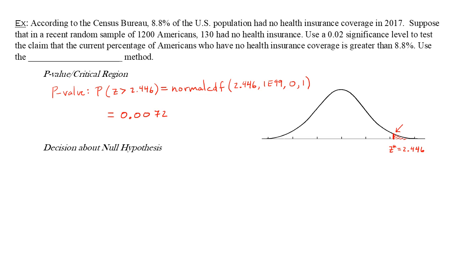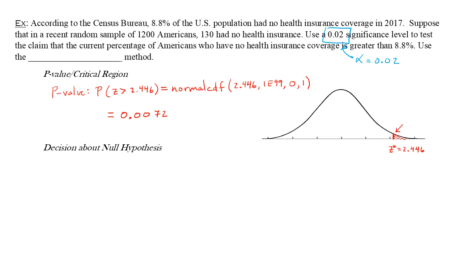Okay, and what I can clearly see is that this p-value is very small, and in particular it's smaller than the significance level that we wanted, which was 0.02. So if you remember, our significance level was 0.02, so we wanted to use that as a judge of whether or not we should reject or fail to reject.